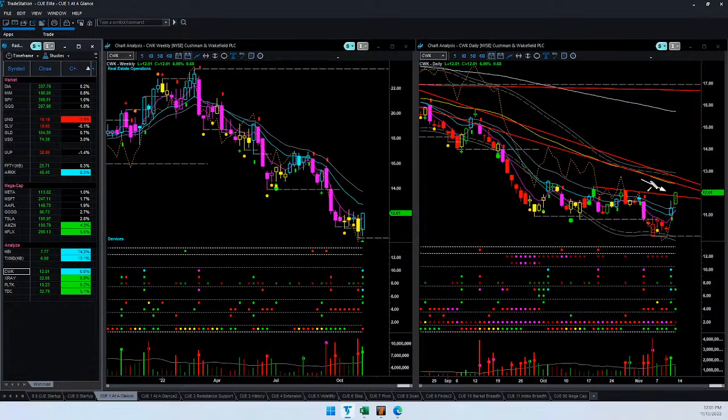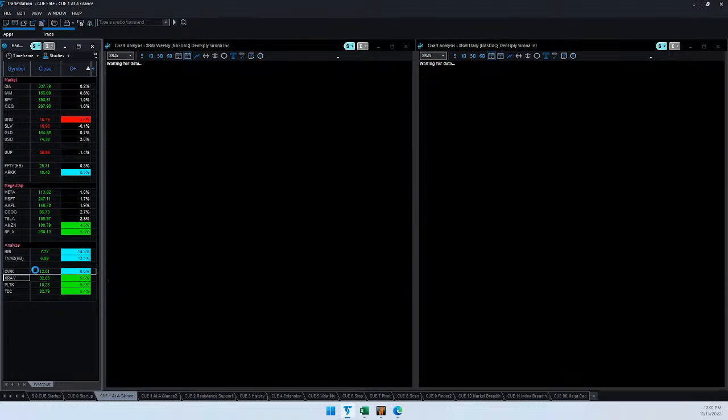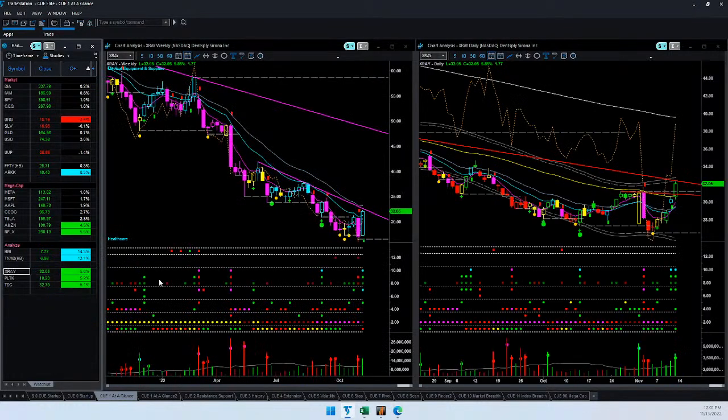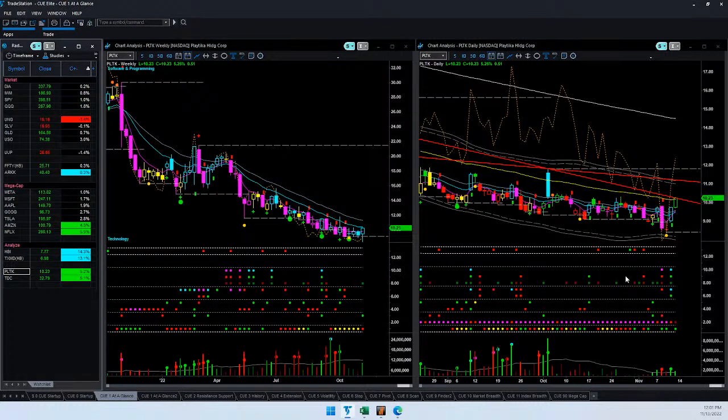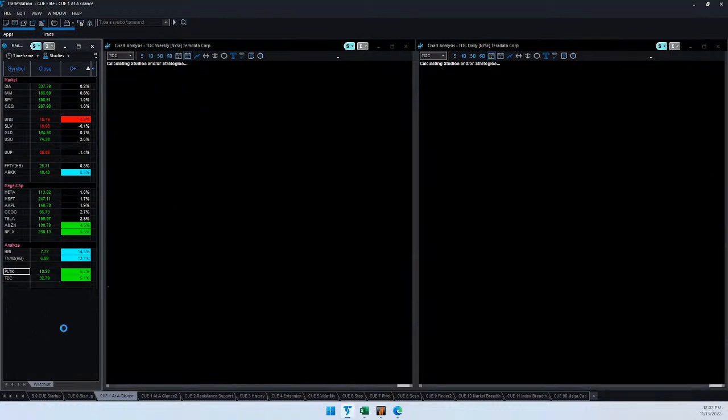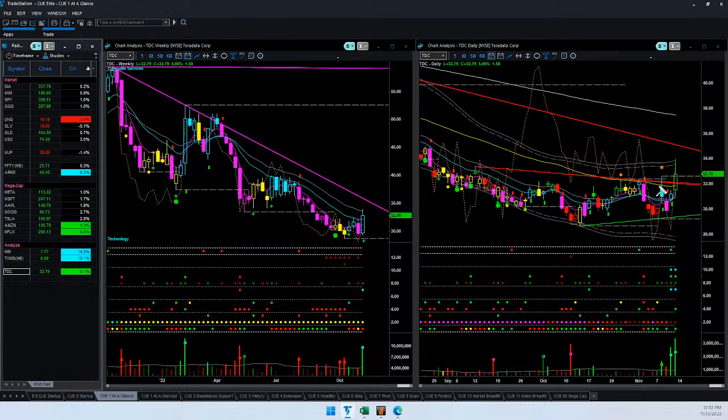Nice breakout on Friday, but too many trendline resistances nearby. Not going to buy it unless it clears those resistances. Next, XRAY. Trendline resistance in daily, weekly, not going to buy. Next, PLTK. Once again, trendline resistance, multiple of them in daily, not going to buy. Last, TDC, long upper tail on Friday, not going to buy.